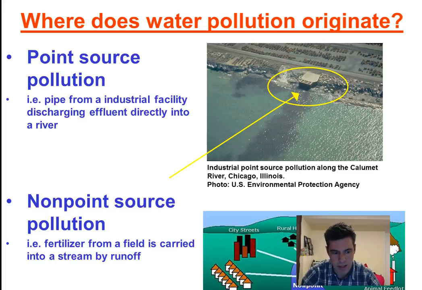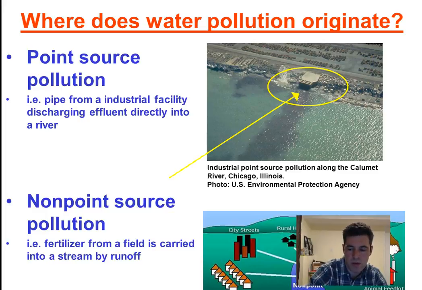All right. The next way in which water pollution can originate is by non-point source pollution, and that's what's happening below here in this specific area, down on the bottom right of the screen. Okay.